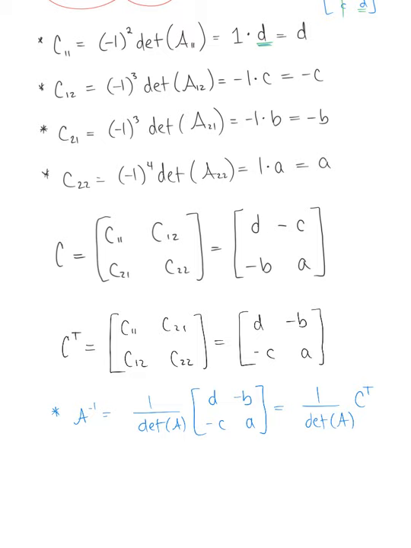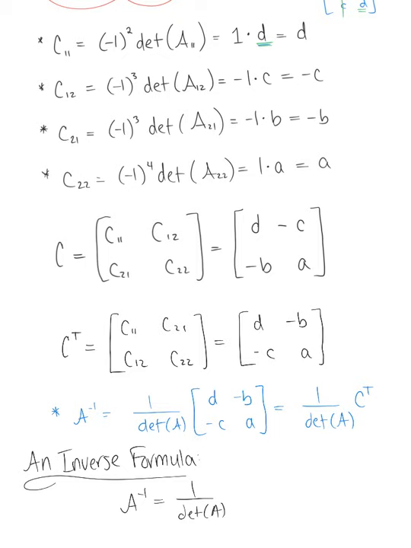So we generalize this for any n by n invertible matrix with the inverse formula by Cramer's rule, which is A inverse equals 1 over the determinant of A multiplied by the transpose of that matrix of cofactors, and we call that the adjugate of A.